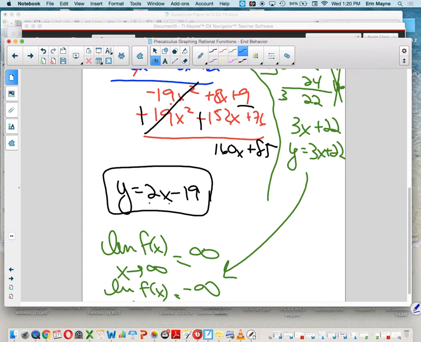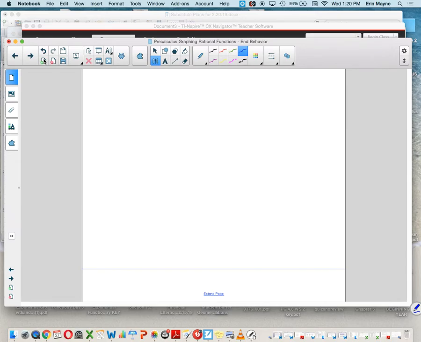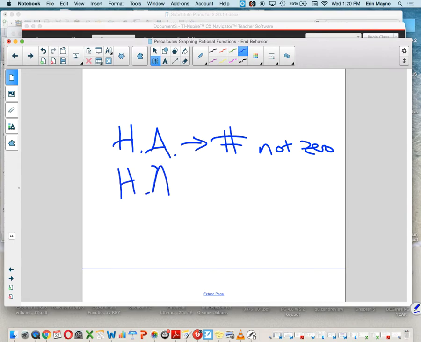I also want to comment, there should be something starting to click in your head. And I'll leave you with this. Under what situations would we have a horizontal asymptote where I get a specific number that's not 0? And we'll start class tomorrow with this before you have your workday. Under what conditions would I have a horizontal asymptote that is 0?